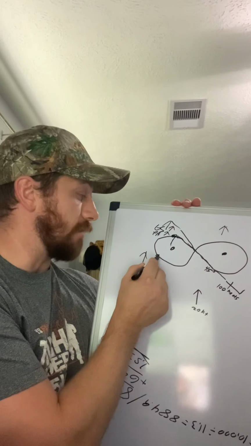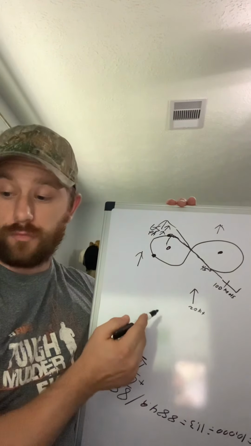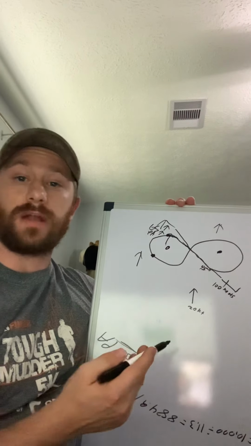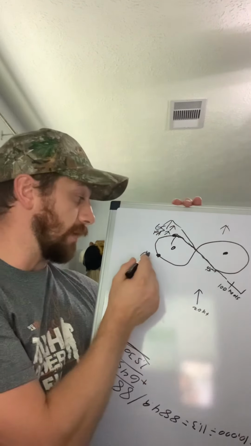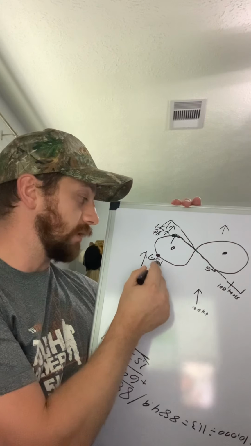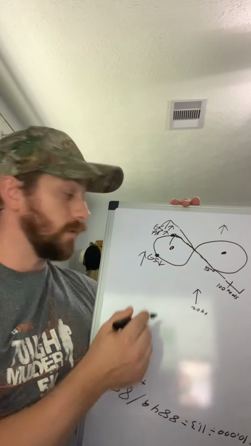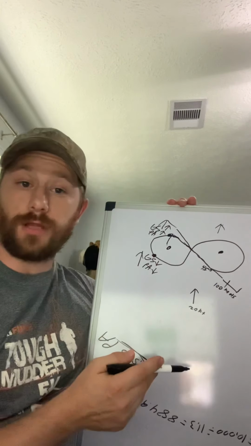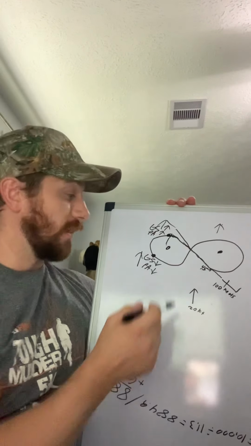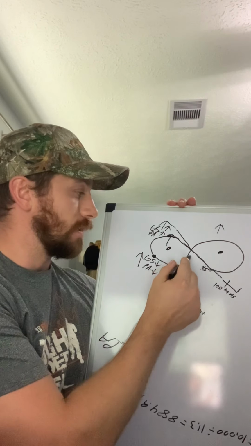Now, if we're down here, we're going against the wind, right? So what happens when we go against the wind? We're slowed down. So our ground speed will be slower, which means our pivotal altitude will be lower, okay? And then the same thing happens over here.